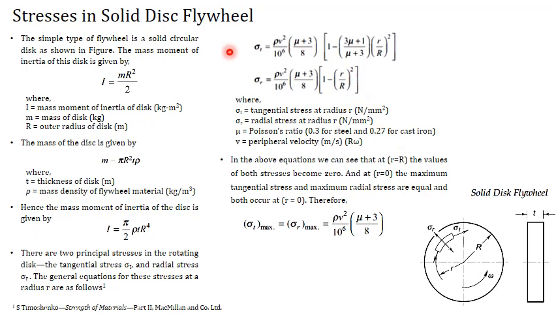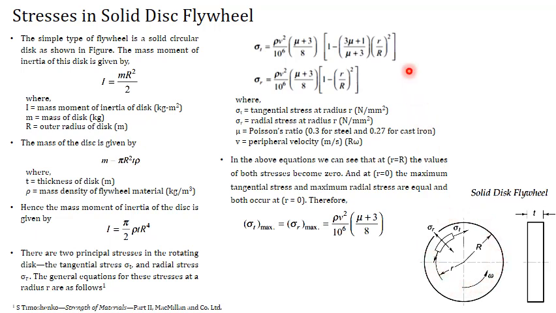The formulas are shown here. For sigma T, the formula is given, and for sigma R, that is the radial stress, the formula is also given, in which rho is the density of the material, V is the peripheral velocity of the disc, mu is the Poisson's ratio of the material, and capital R is the maximum radius of the disc.